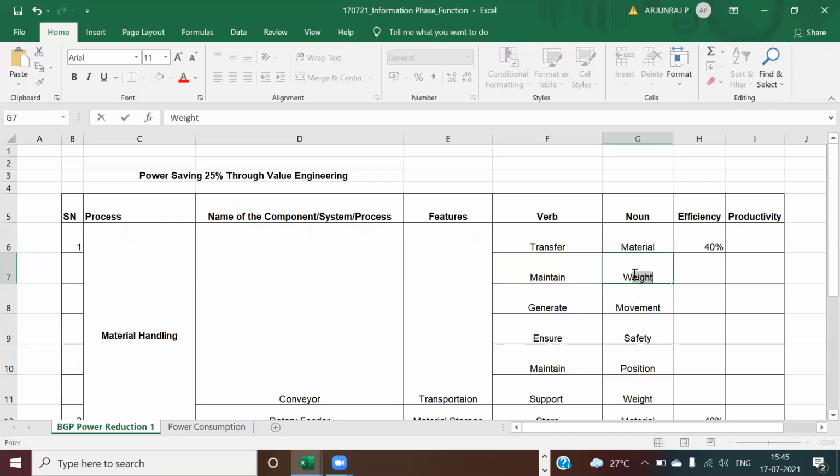Yes. But instead of maintain, it should resist. See, the conveyor should not get corroded. It should resist corrosion, right? Corrosion should not be there. Is corrosion a function?